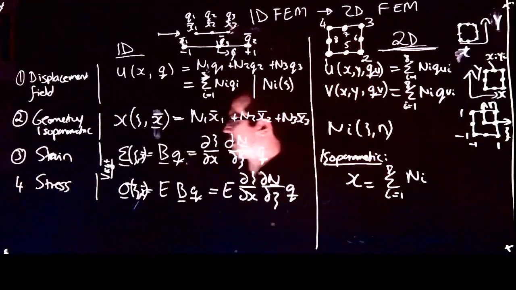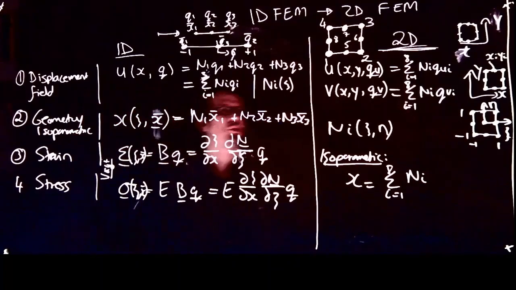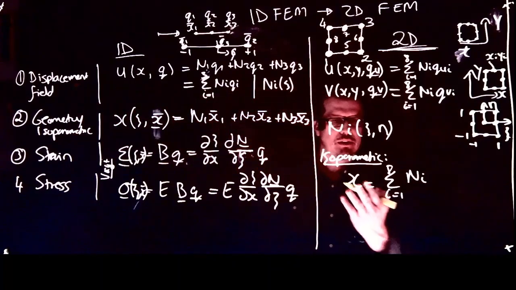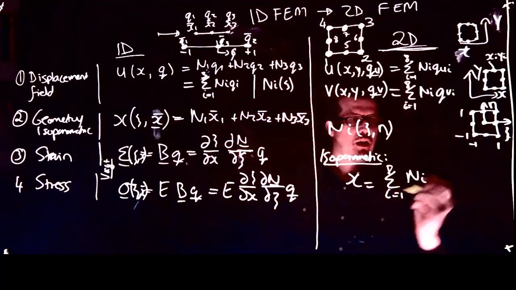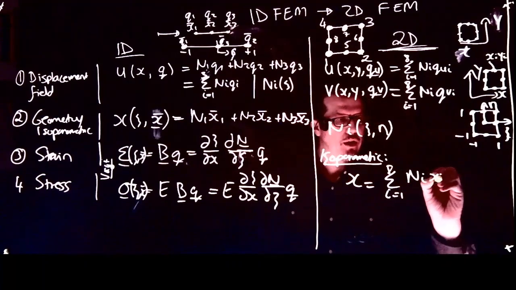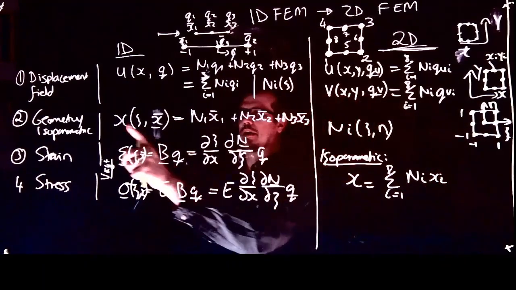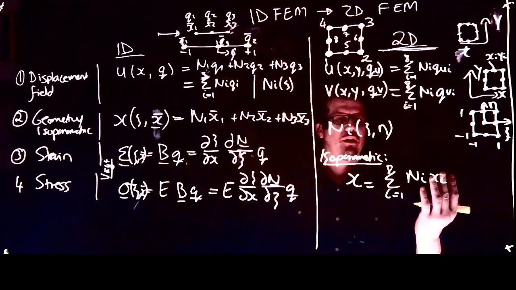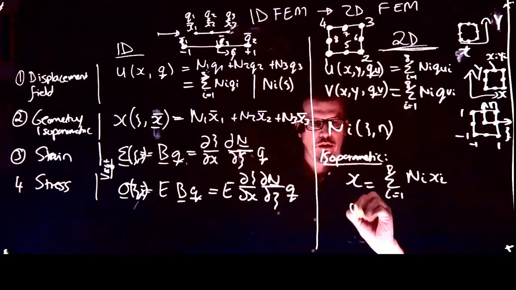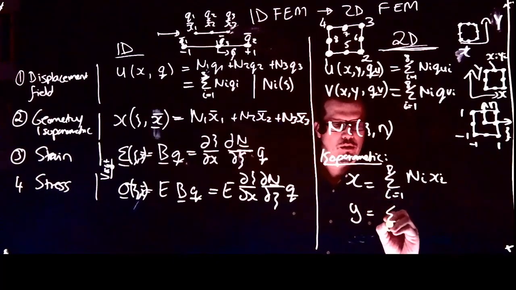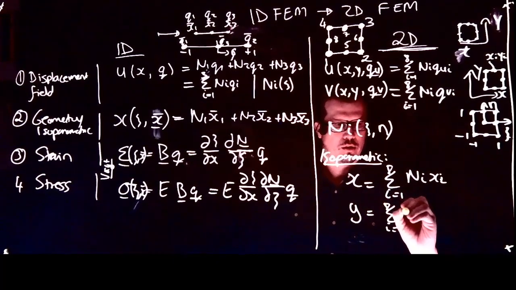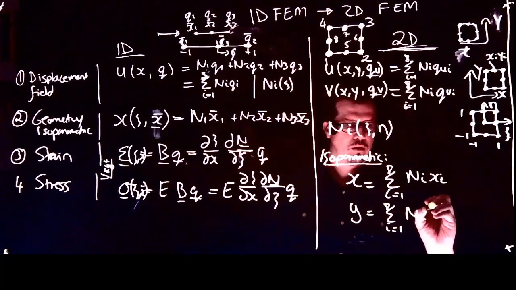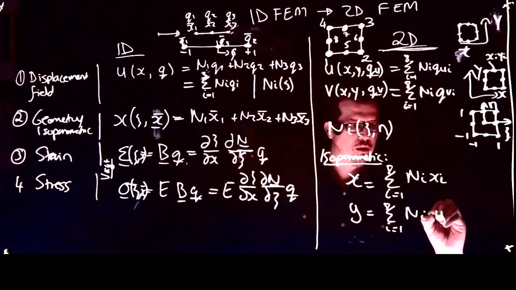So that's typically the numbering that we have for a quadratic element in 2D. But that is essentially x, Ni, and all the xi's. But I can't just have one, like here I had one field because it was only in x. I need to have also an idea of how things vary in y. It's a function of yi.